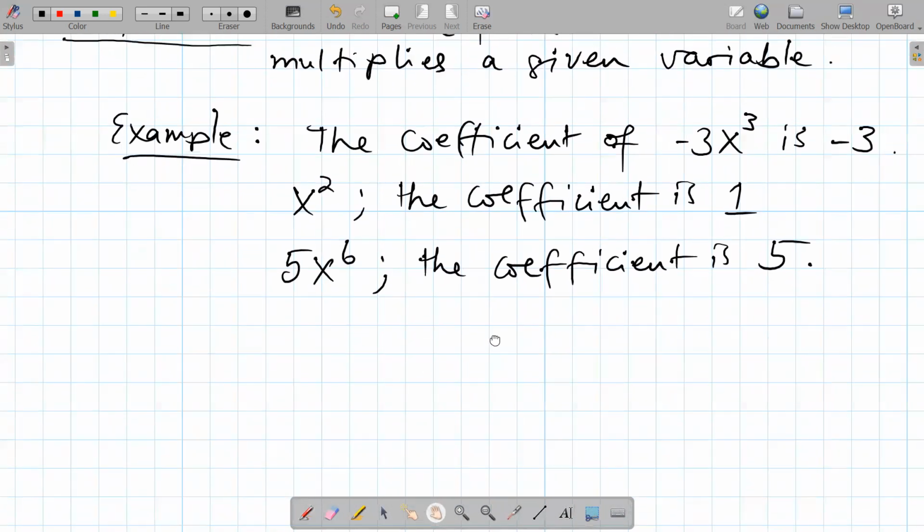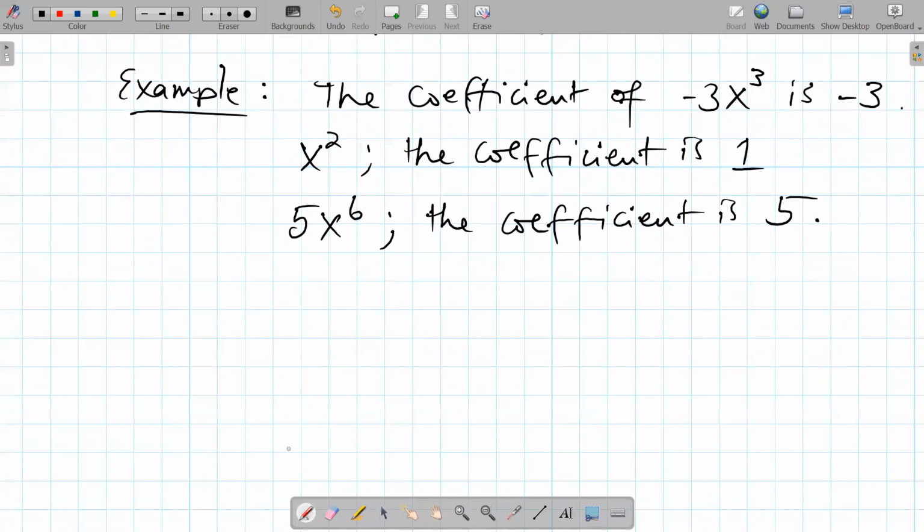Then there's also one unique thing about a polynomial, which we call the degree. So let's look at the degree. First off, let's look at the degree of a term. So we've already talked about what a term is. So degree of a term.